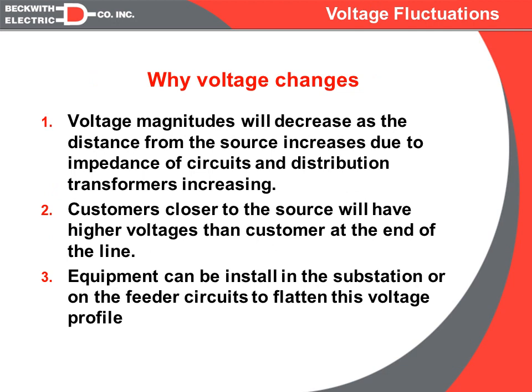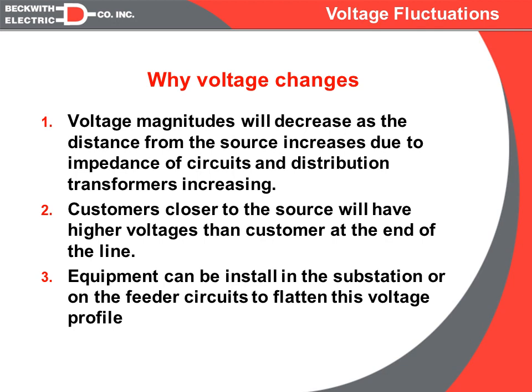So, why is the voltage changing? If we are generating it at a certain voltage level, why will it not maintain that voltage level? And as we discussed a little earlier, it is due to the load or the current flowing from the generator to the consumer through the grid, and that grid has impedance, as does the load, and the impedance causes the current to dissipate via a voltage drop and heat.